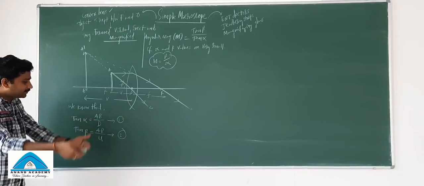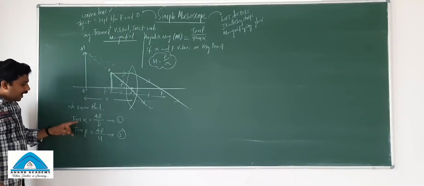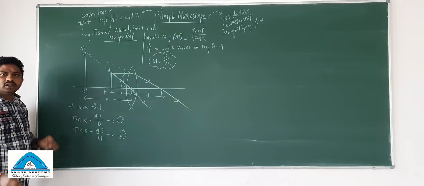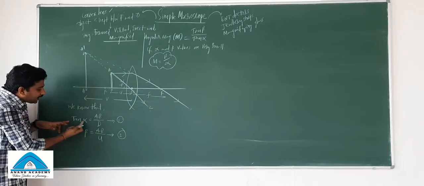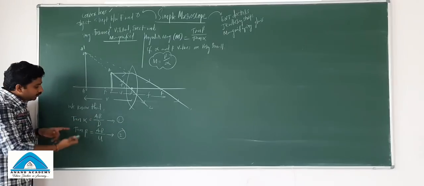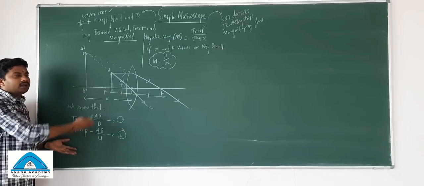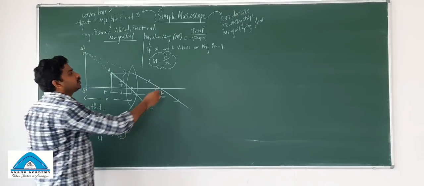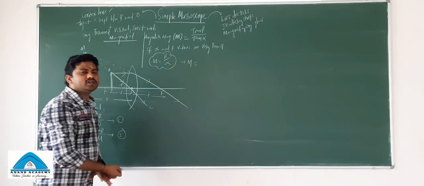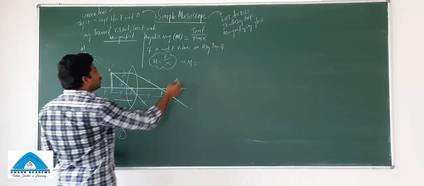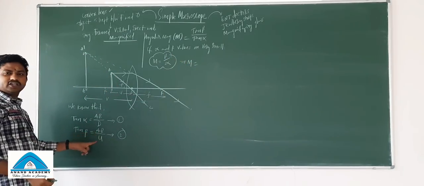Now let us substitute your beta and alpha values here. So since the angles are very small, tan alpha will be just alpha, tan beta will be just beta, and you can write here. So here angular magnification will be, what is angular magnification? So beta, your beta value is what?